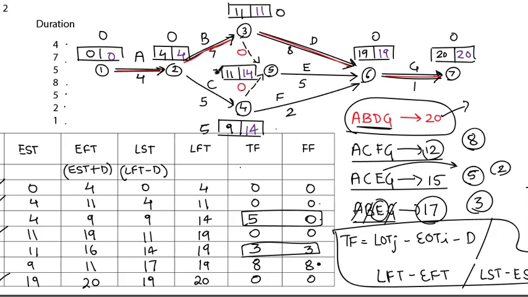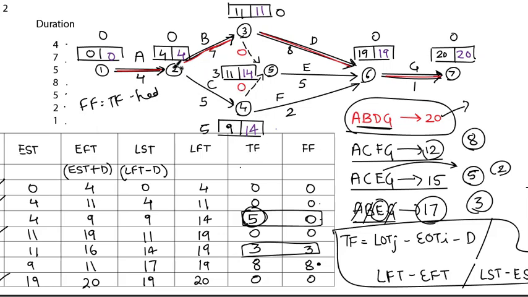You can find the slack only at events, only at the nodes. So free float is given by total float minus the head event's slack. Now let's consider, for example, C. C's total float is 5, minus head slack.